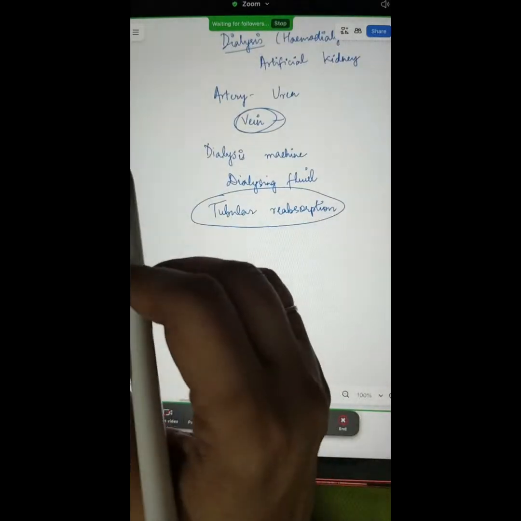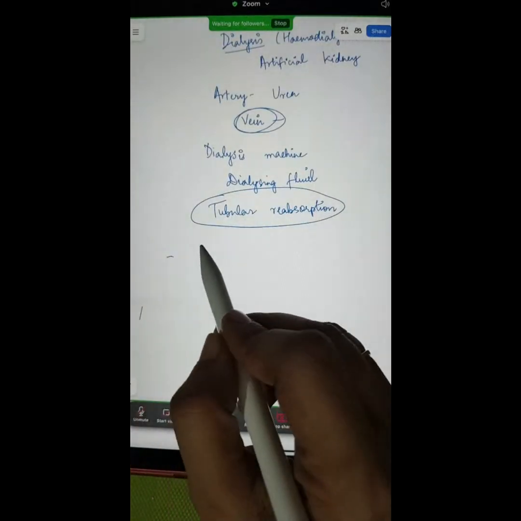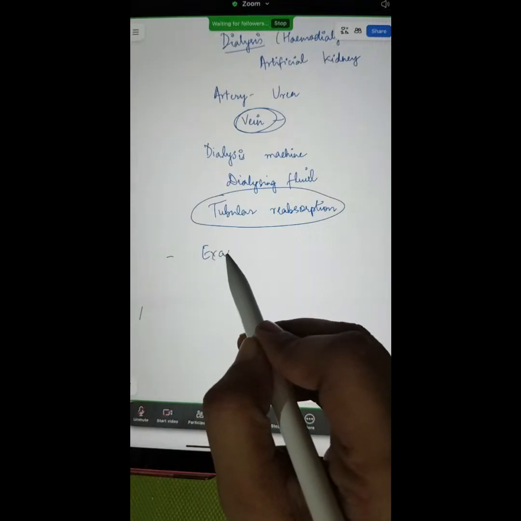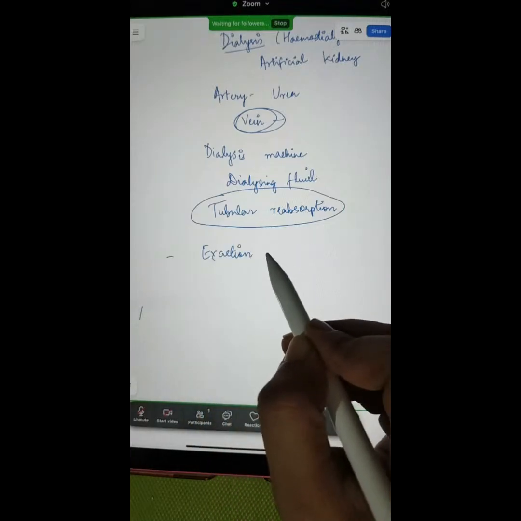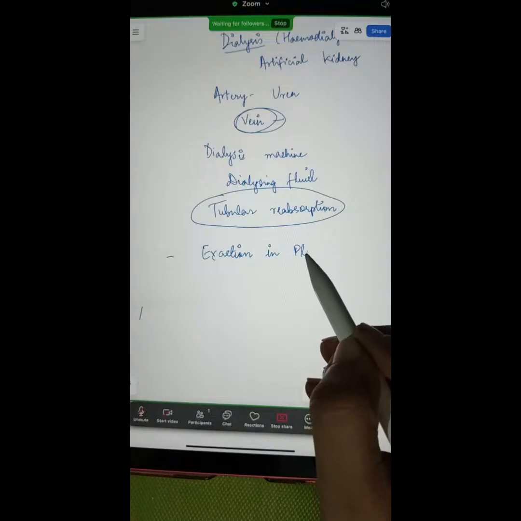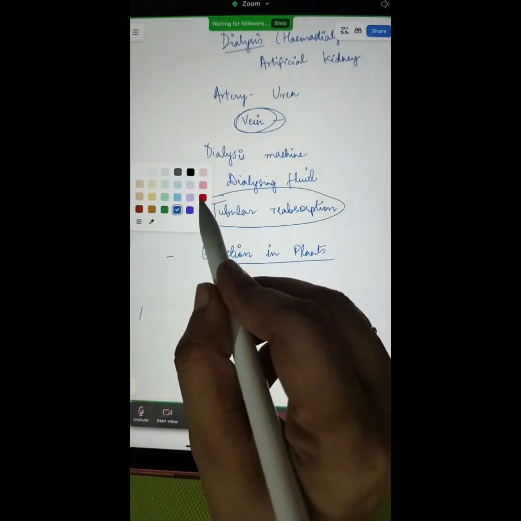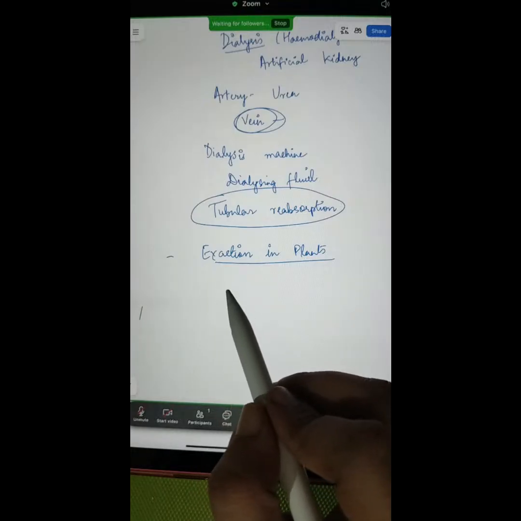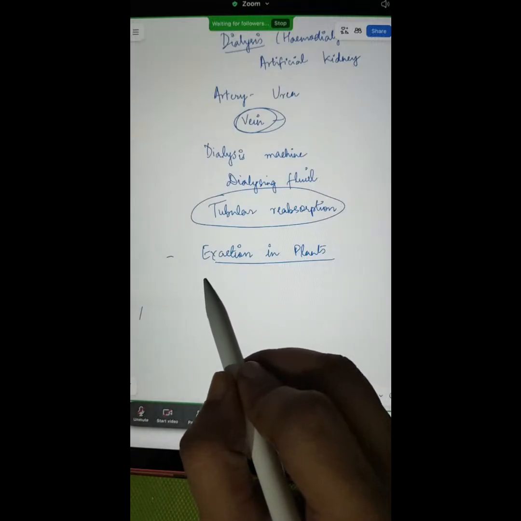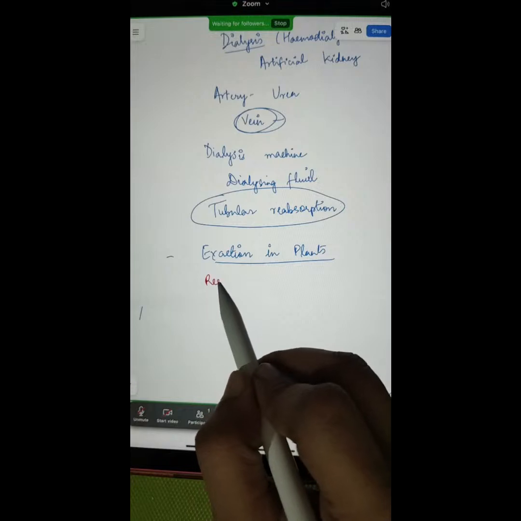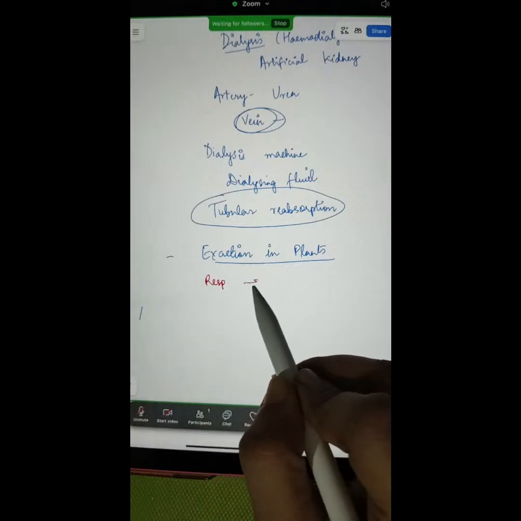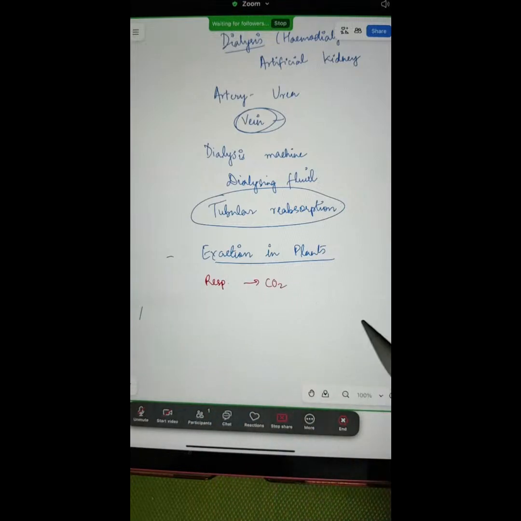Now, before we end, let's talk about the excretion in plants. This excretion in plants is a small topic, but you should definitely read about it. Now, if I talk about excretion, then in the case of respiration, CO2 is the excretory product of a plant, and respiration is generally being performed by the plants at night.